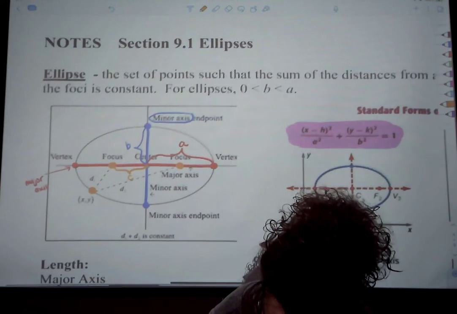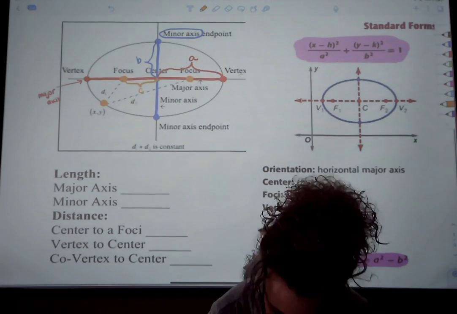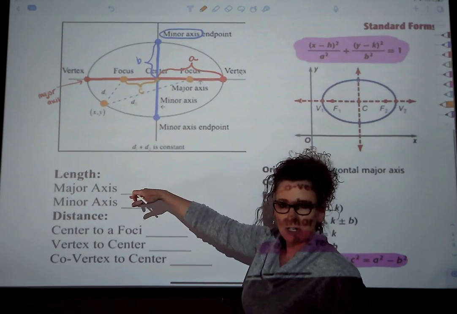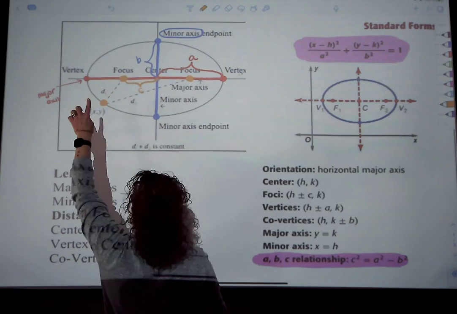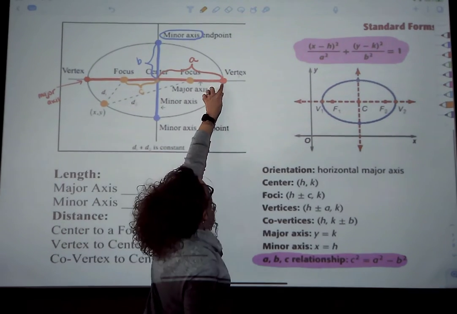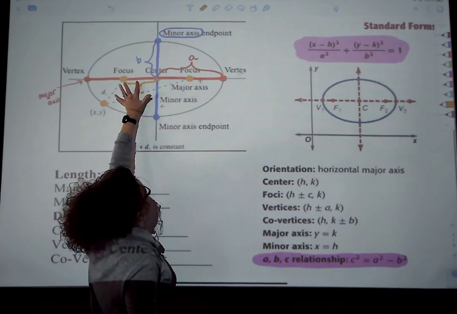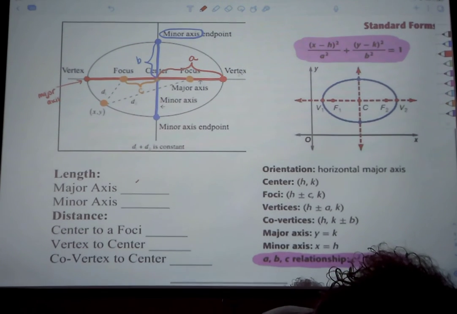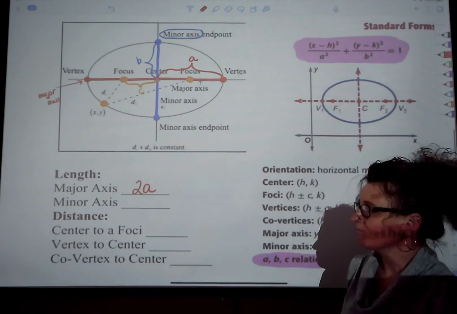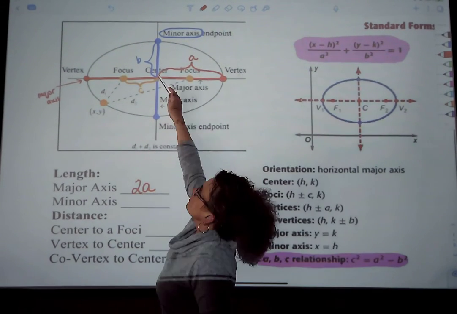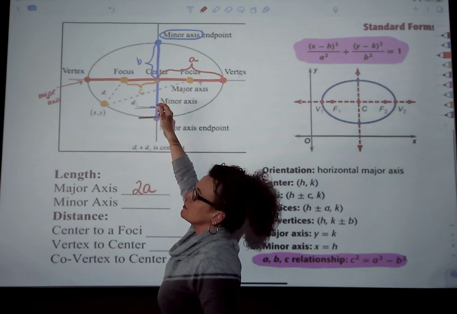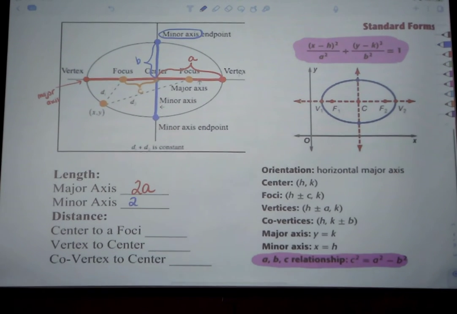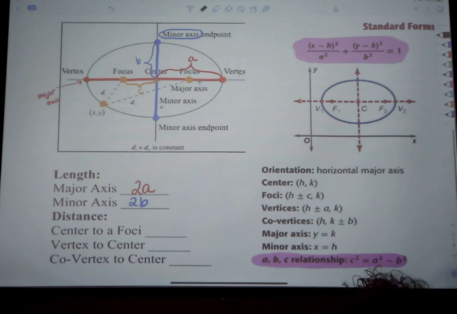All right, now let's go underneath here and let's fill out some information. According to this picture, how long is the major axis? The major axis goes from this red point to this red point. If this length is A, that length is A, thus the whole length of the major axis is 2A. Minor axis. This blue piece is B, this blue piece is B, minor axis 2B.